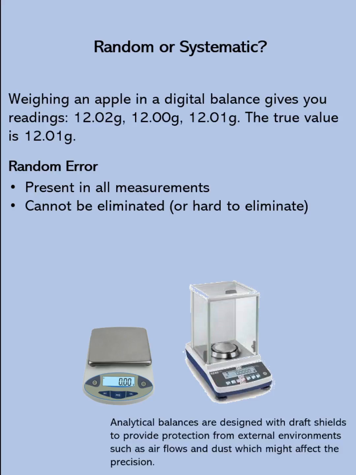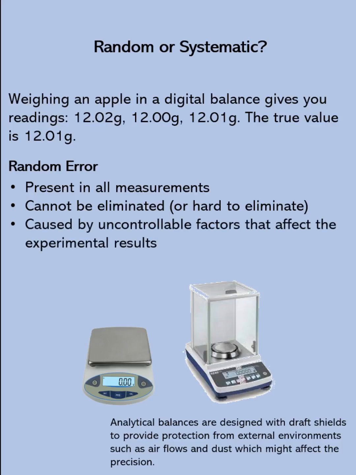In this case, it has a draft shield, so the inside is covered in glass. This is to provide protection from external environmental factors, for example airflows and dust, which might affect the precision. This would cost a lot, as the price of an analytical balance is more than 10K. So it's hard or expensive to eliminate these random errors.